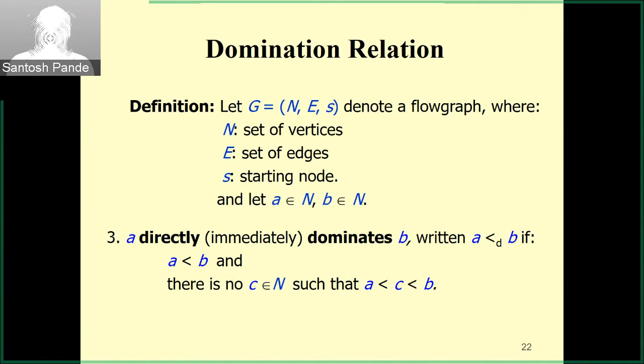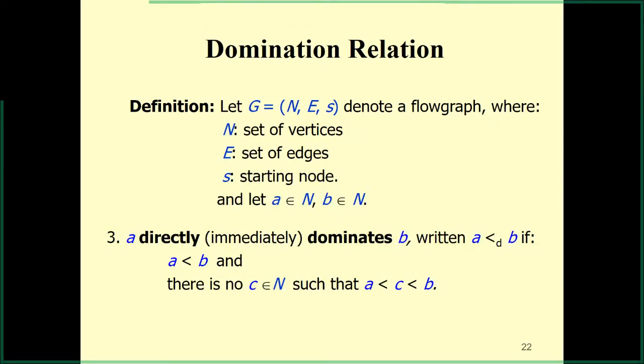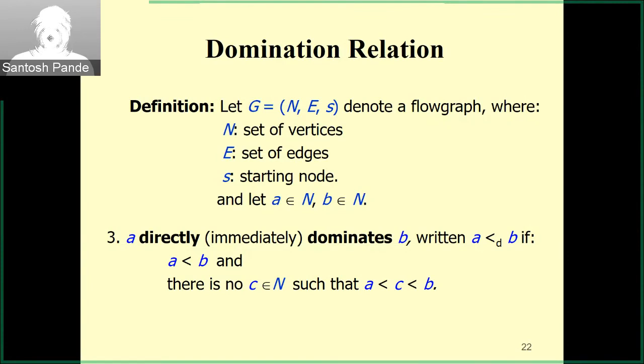A node A directly dominates B if A dominates B and there is no C such that A dominates C and C dominates B. So that means A directly dominates B. The less than relation here shows that it is a domination relation.